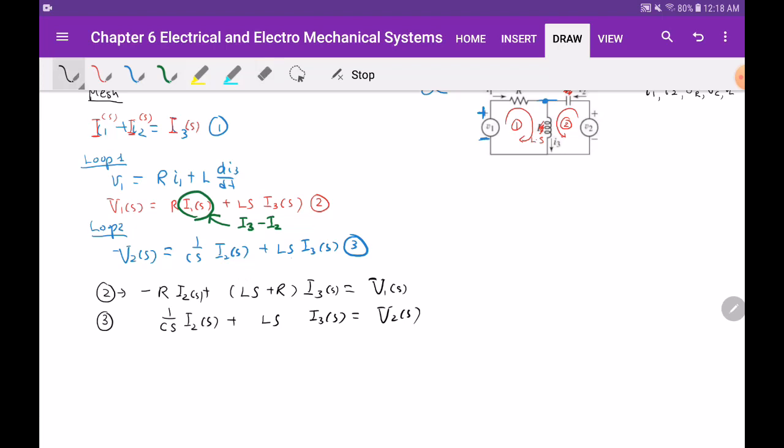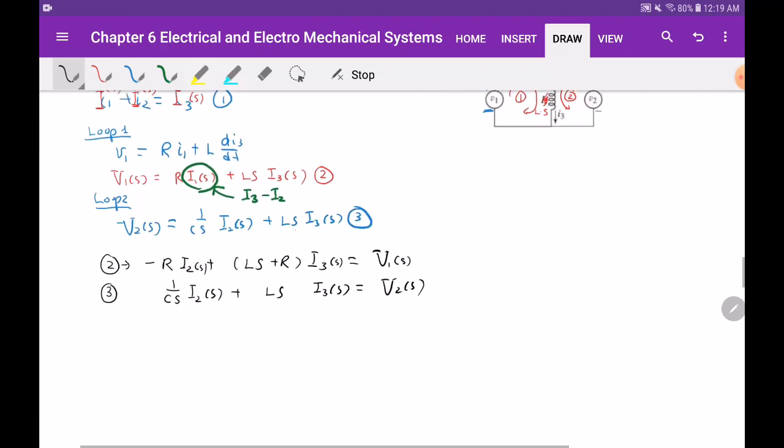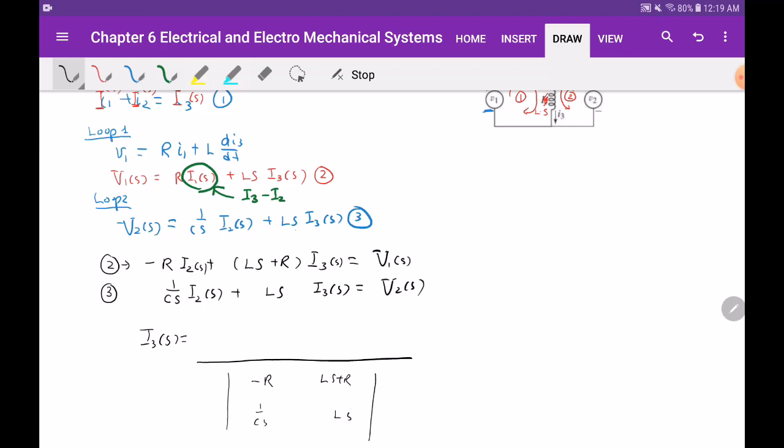So I'll just use Cramer's rule. I want I3. So I3 sub S equals, the denominator will be the determinant of, you have to use the absolute value sign, minus R, LS plus R, 1 over CS, LS. I just copy the coefficients.